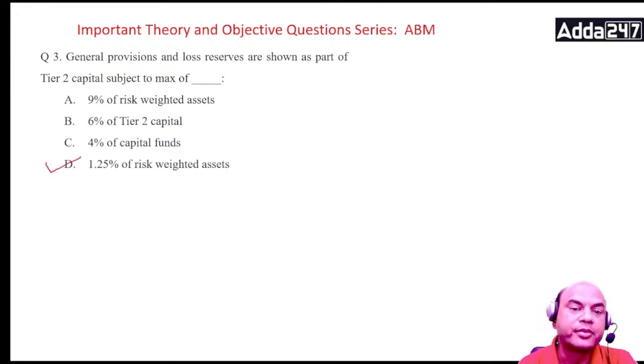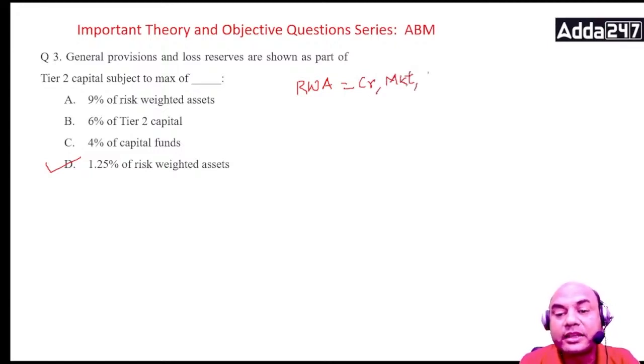What does it mean? Now look at this. In exam problem, they'll be giving you total RWA, meaning credit plus market plus ops. Either they'll give you or you'll have to find it out. So total RWA of yours will be, let's say, 1 lakh crores. Let's say this is your total RWA.